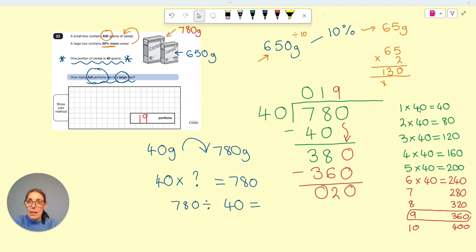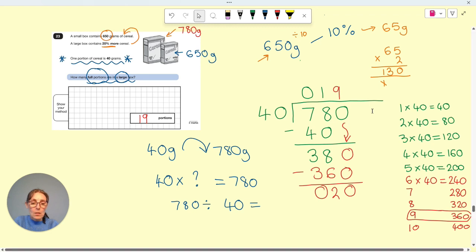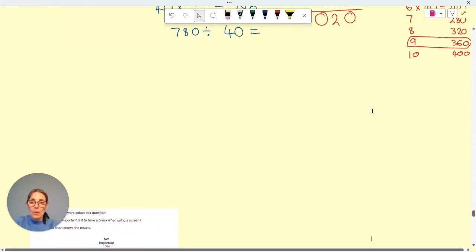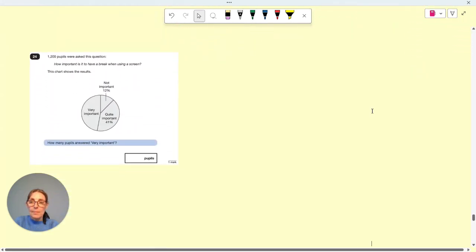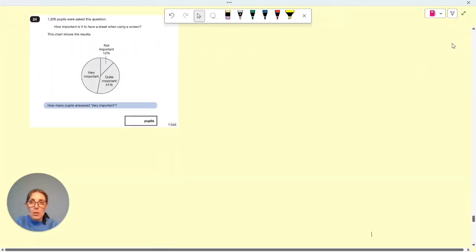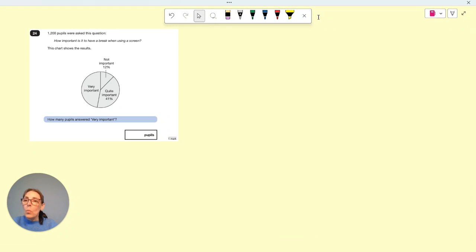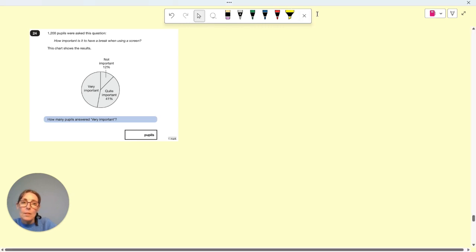Let's look down at the next question. So we're on, whoops, where are we? So cursor, question 24. Let's have a look. Oh, it's a pie chart. Right, let's have a look. 1,200 pupils were asked this question.